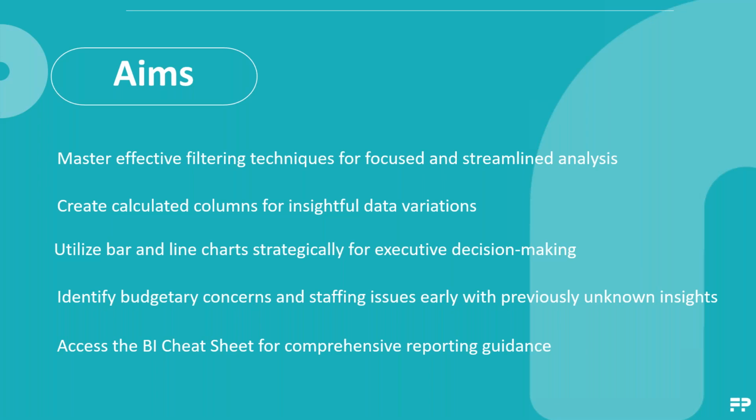We will be looking at calculated columns and how you can use those. And also we'll be looking at the different types of formats. I mentioned bar and line charts here as well, but also the pivot tables are available for those of you who have the premium version. And we'll take a little look at some of the ways that you can use the reporting to give some staffing insight.